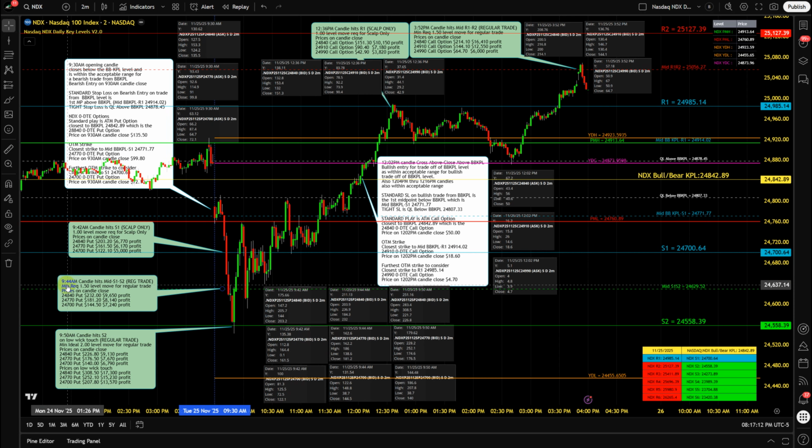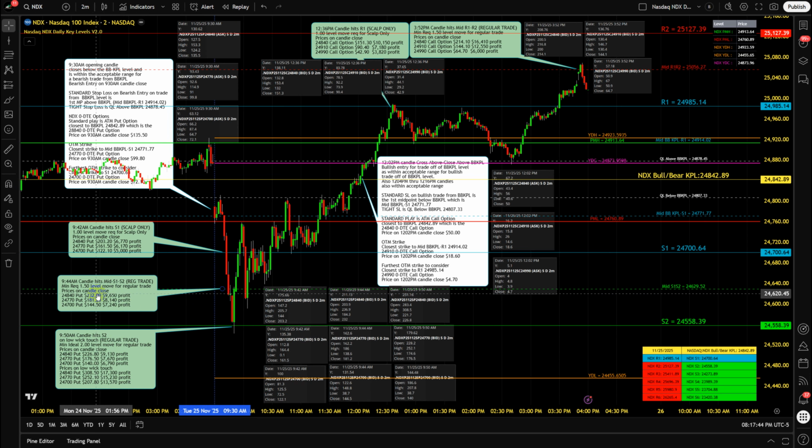The 9:44 a.m. candle, as you can see here, hits the mid S1, S2 level. That is your 1.5 level move. So that is your minimum 1.5 level move for a regular trade, in which you have the following options: either 100% closeout of all your contracts, or adjusting your stop loss to break even, or break even plus a 10 to 15% profit buffer.